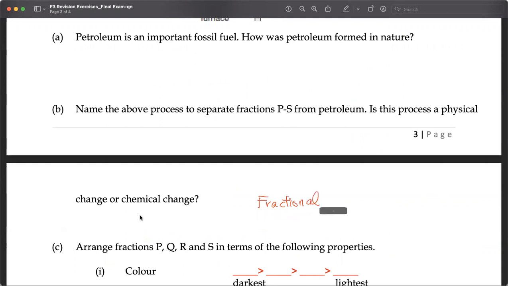We distill out different fractions. We just try to separate the fractions in the distillation. As a result, we just separate. We do not make new stuff. So it is a kind of physical change.